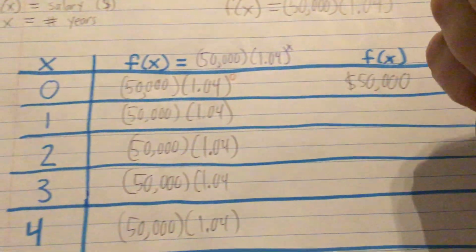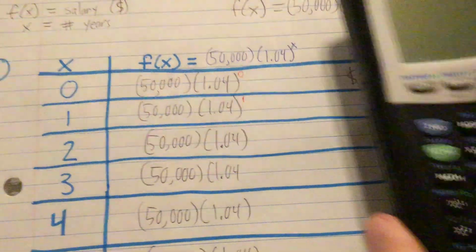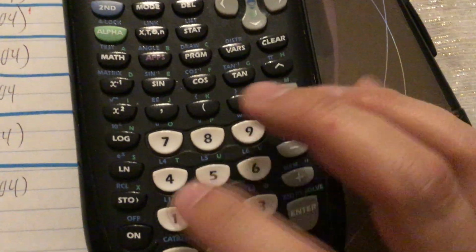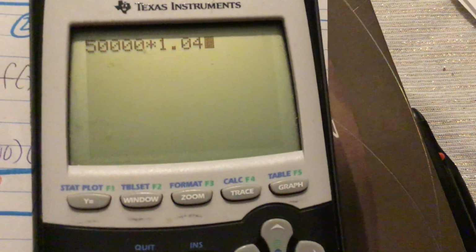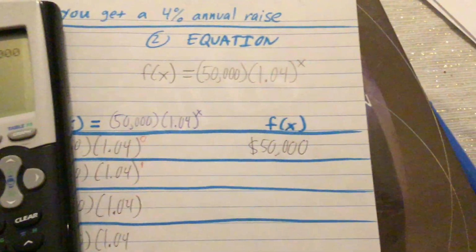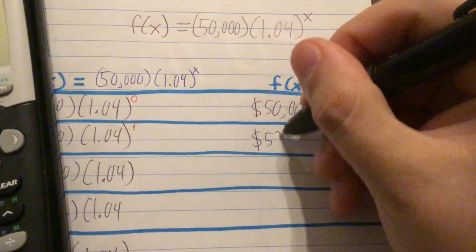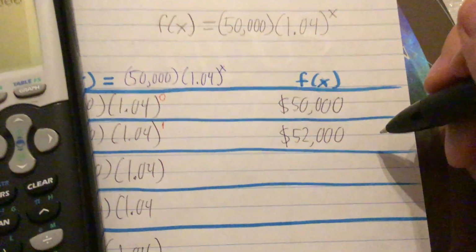So suppose you want to figure out what a 4% annual increase is from your starting salary. So if you want to do 50,000 times 1.04, your next year's salary will be $52,000. So right off the bat, you see a $2,000 increase.